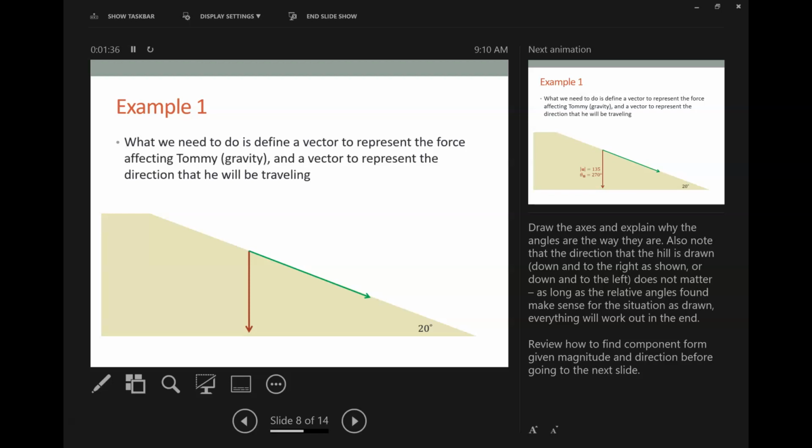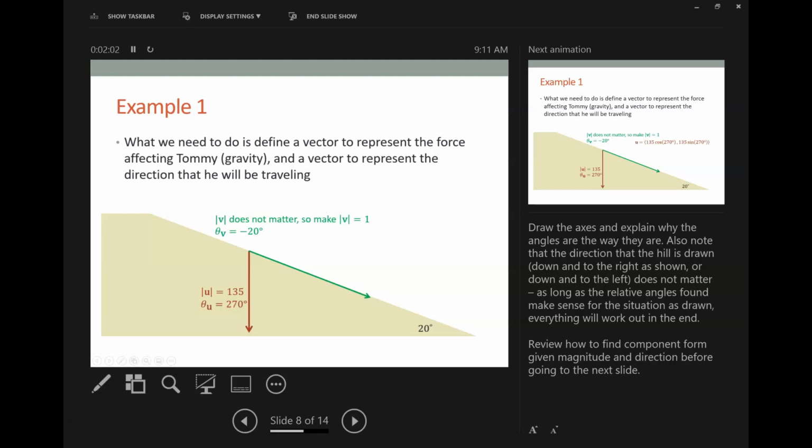And this is what we drew in the notes, right? So the magnitude of the Tommy vector is 135. That was just the weight of him in the sled. And its direction is 270 because if we embed an XY axis, we have that angle there, which was 270. Right? Everybody kind of remember that?